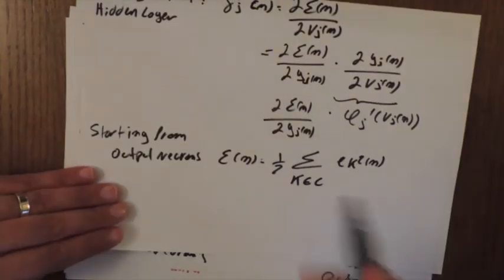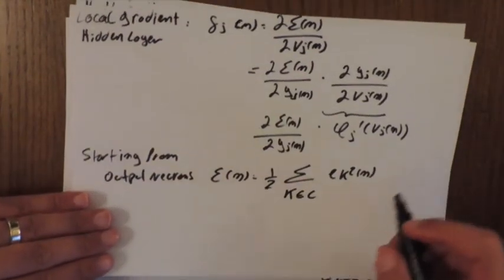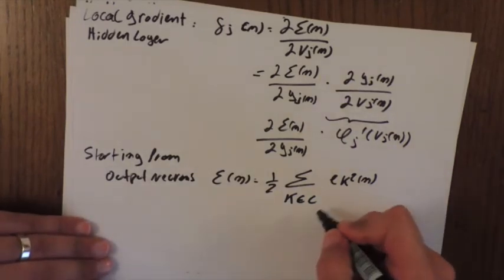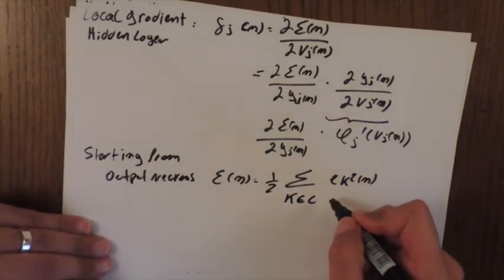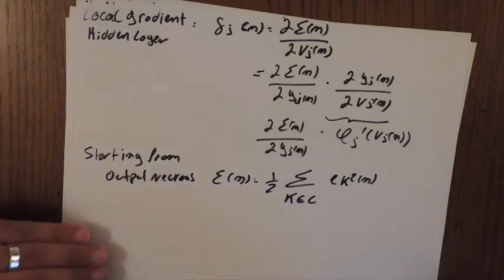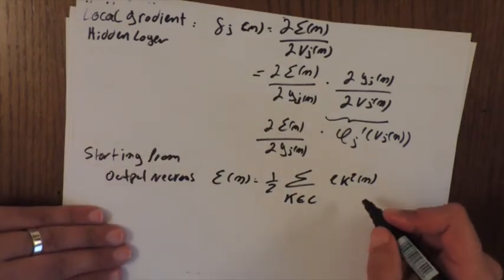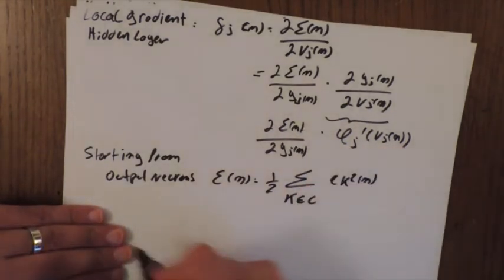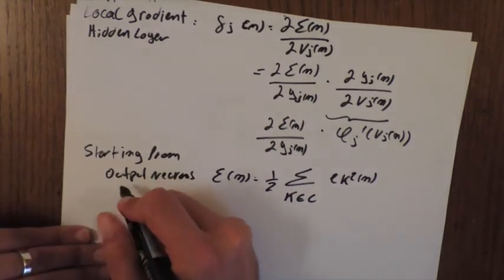So the way we do this is we have the instantaneous error for all output neurons. If we take the derivative of this, we can do as follows.